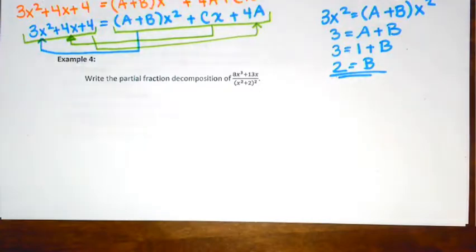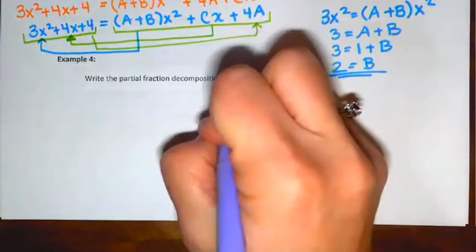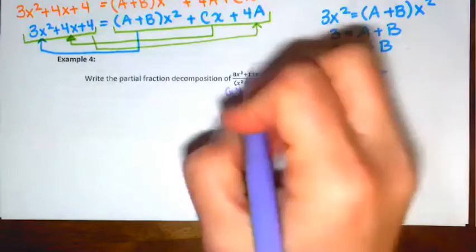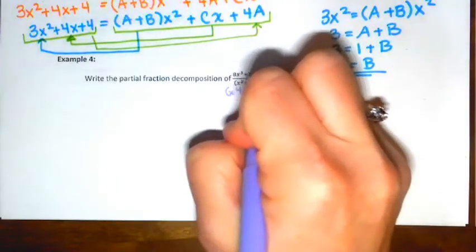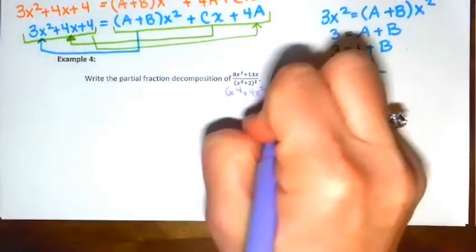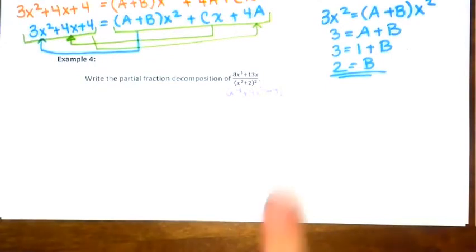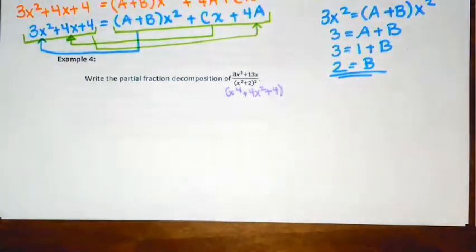So this denominator is actually x to the 4th plus 4x squared plus 4. They just factored it for you. My numerator degree is not greater than my denominator degree, is it? No. So we won't divide this.